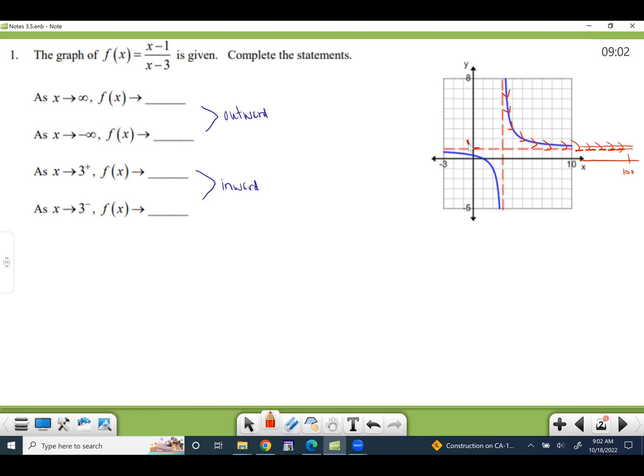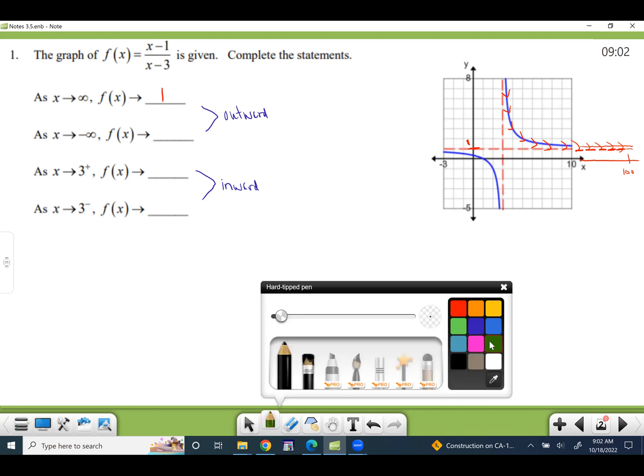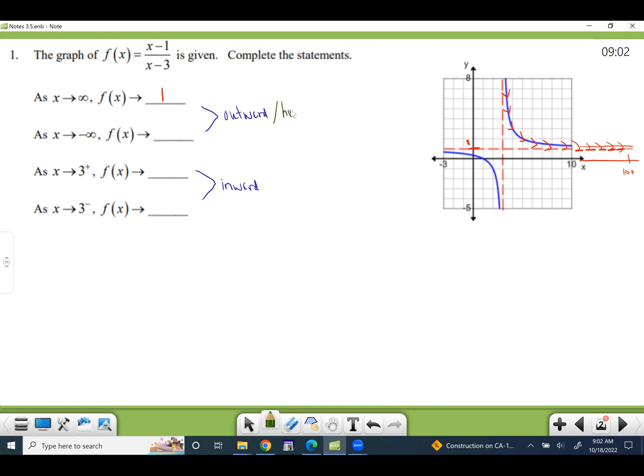So we want to say as x goes to infinity, y goes to 1. And you'll notice the other way we described this wasn't just the movement going outward, but we said, think of horizontal asymptotes. Well, we do have a horizontal asymptote. Our horizontal asymptote is 1.